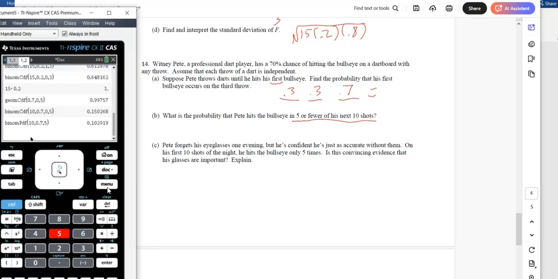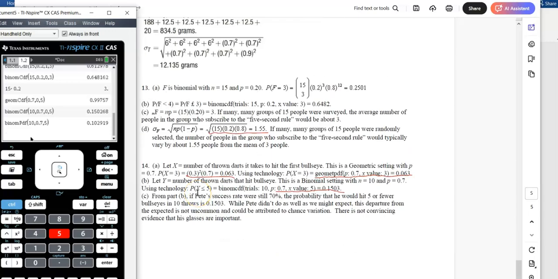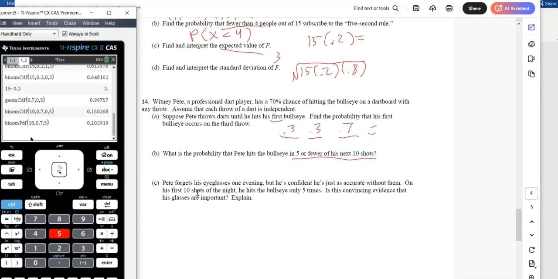There's a 10% chance of that happening. Not that unusual, right? So we don't have enough evidence. It's not less than 5%. So you would show this work and explain that there's a 10% chance of that happening, so it's not that unusual. That's your lesson for today.